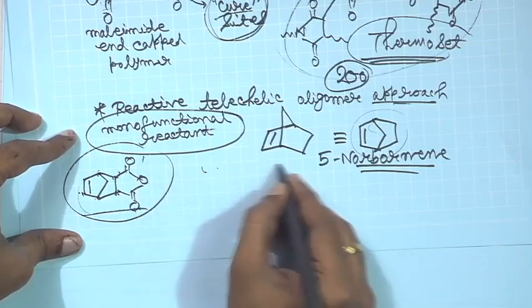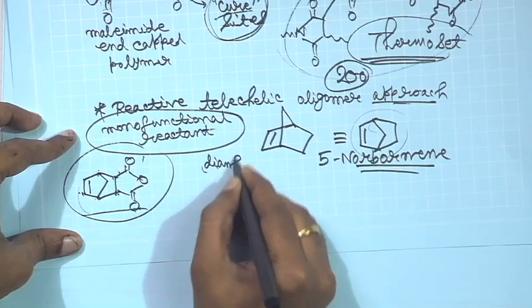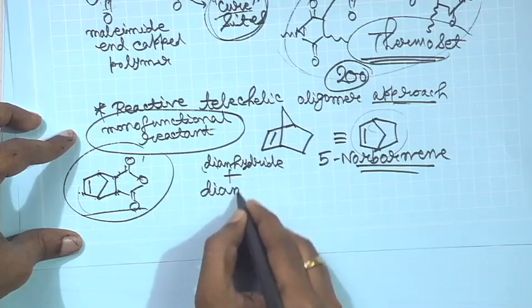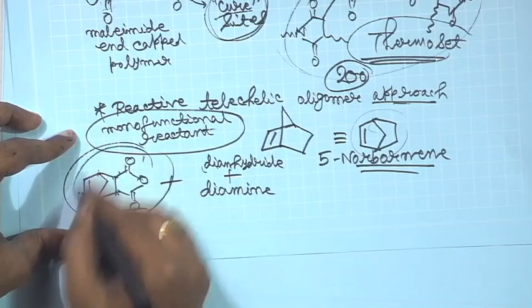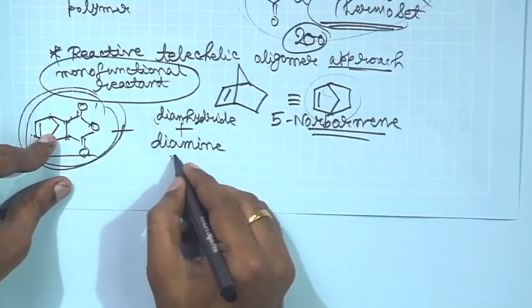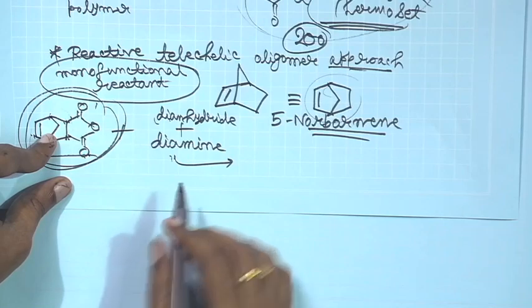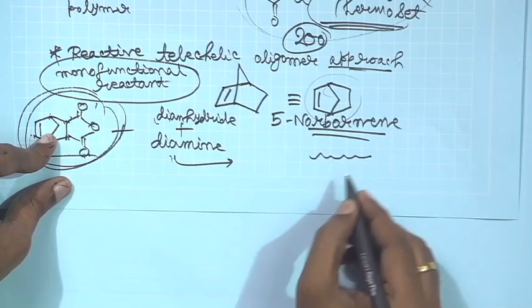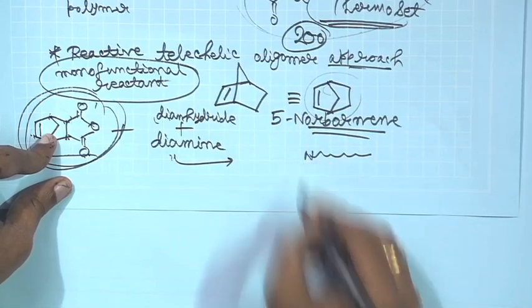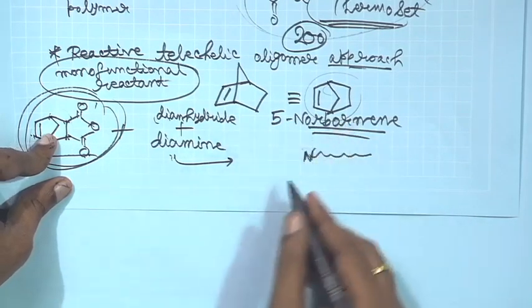So, what you will get if you do the reaction? So, you take a dianhydride and a diamine and you take this monoanhydride, you add this also in this. So, in the polymerization, what we will get? We will obtain, or let us say we have an oligomer or a polymer, whatever.